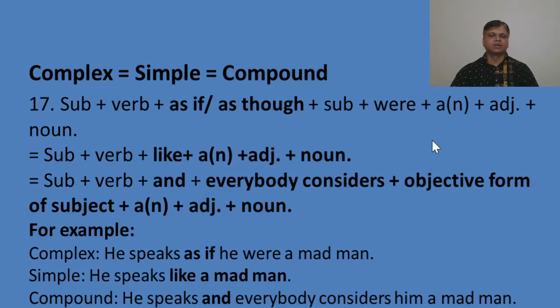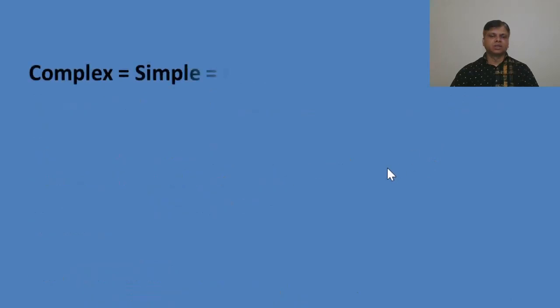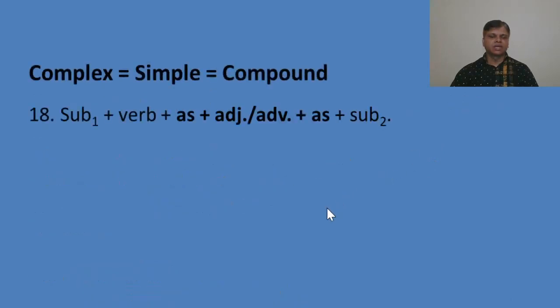Now look at the 18th rule. Subject one, verb, as, adjective or adverb, as, subject two. So look at the sentence. It is a complex sentence as it contains as, adjective, as.